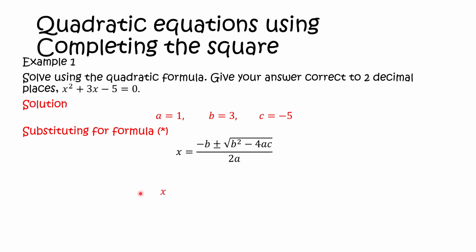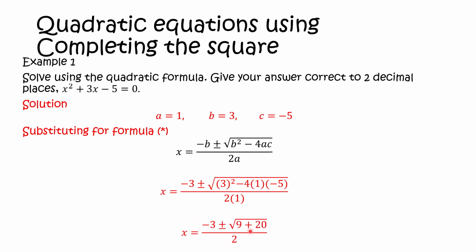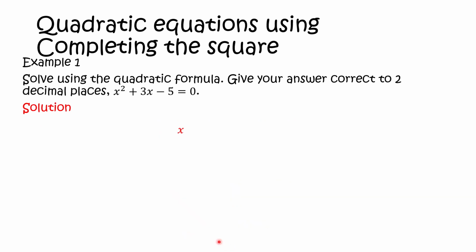So simplifying further what we have inside the square root, that would be 9 plus 20. All the other terms remain the same basically. Then what we would have is that, so x is equal to minus 3 plus or minus the square root of 29 over 2.